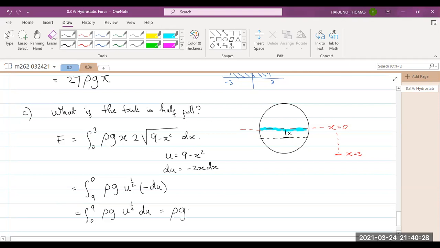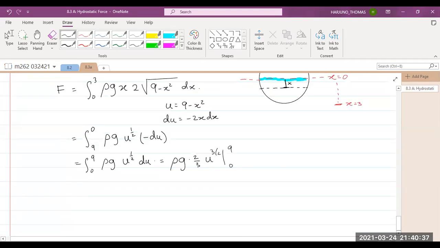That's rho g times 2/3 u to the power of 3/2 from 0 to 9. Rho g times 2/3 times 9 times square root of 9 minus 0. That's 18 rho g only. Oh, no pi. Surprise.